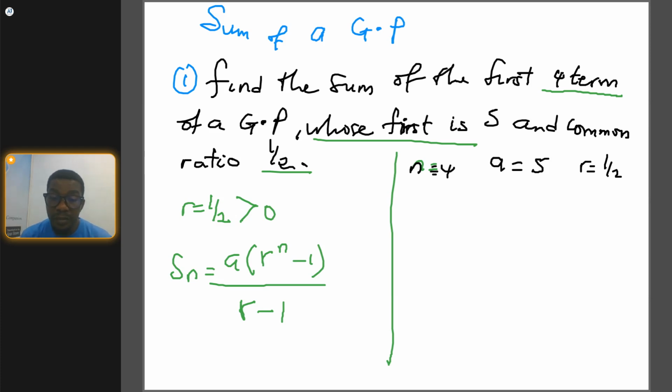That's going to be X4 equals 5 open bracket, open bracket 1/2 close bracket, raised to power n minus 1, and n in this question is 4.